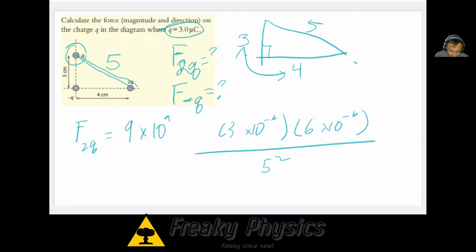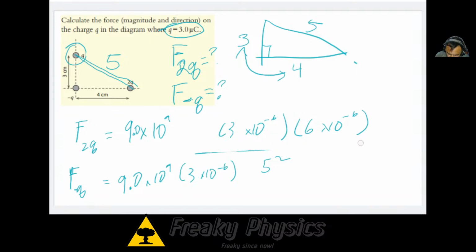Okay. And then for F on q1, F from negative q rather, would still be the same, but I'm still also gonna use 9, 10 to the 9 times 3 times 10 to the minus 6. Hold on. Is it 5 times 10 to the negative 2?